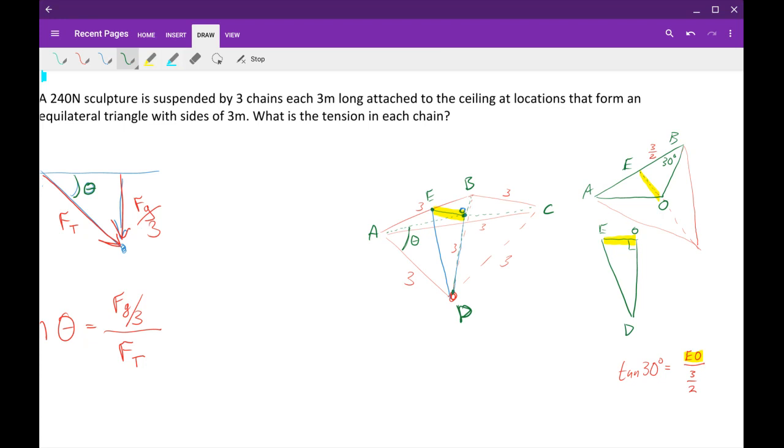No, wait, I've got EO here. Let's see, what was I about to do? I forgot, I lost my train of thought here.